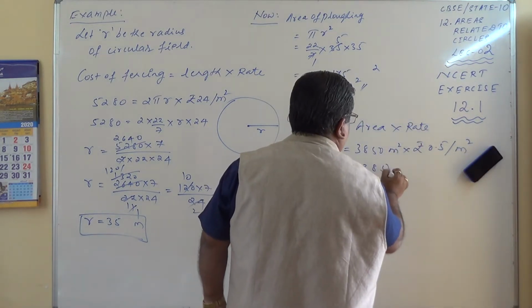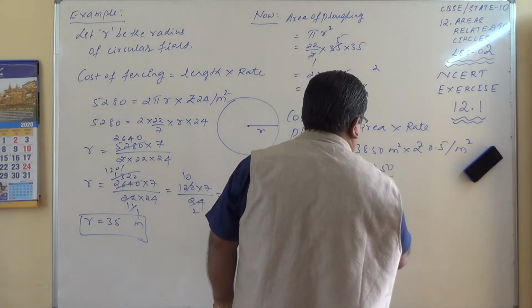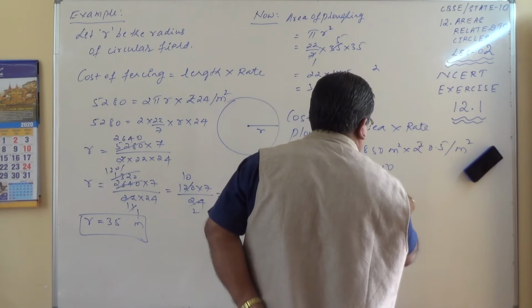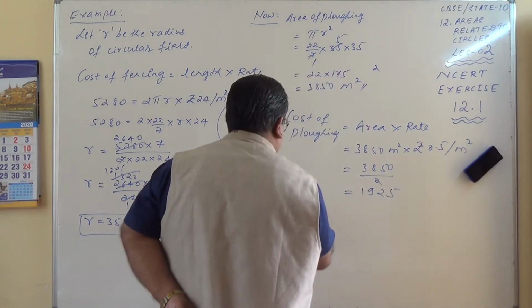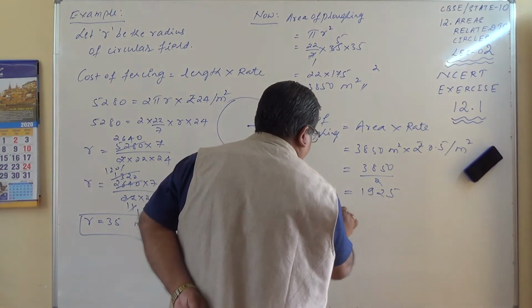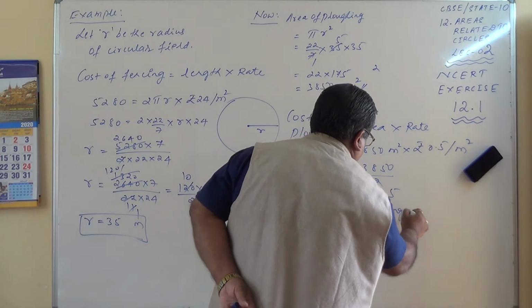So 3850 divided by 2 is rupees 1925. Therefore, the cost of ploughing is equal to rupees 1925.